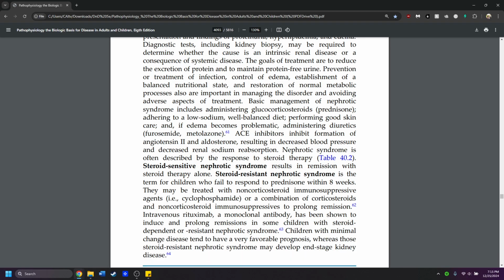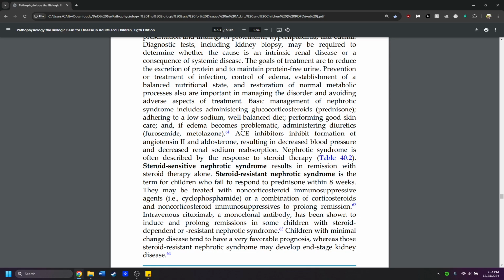Basic management of nephrotic syndrome includes administering glucocorticosteroids, your prednisone, adhering to a low-sodium, well-balanced diet, performing good skin care, and, if edema becomes problematic, administering diuretics, Lasix or metolazone.